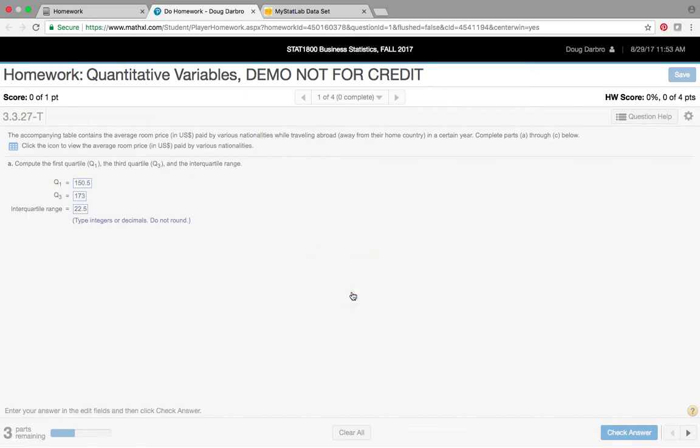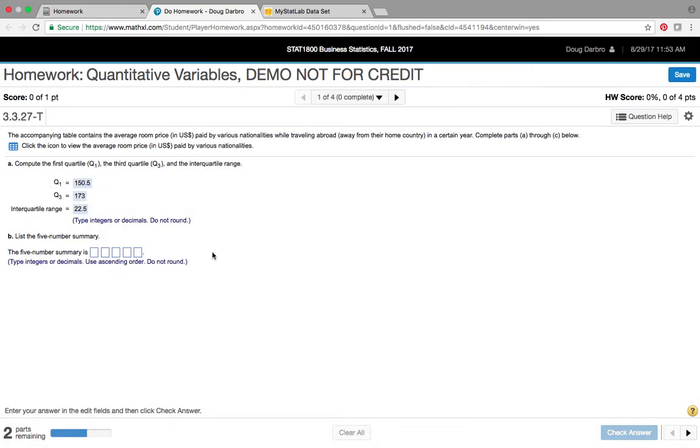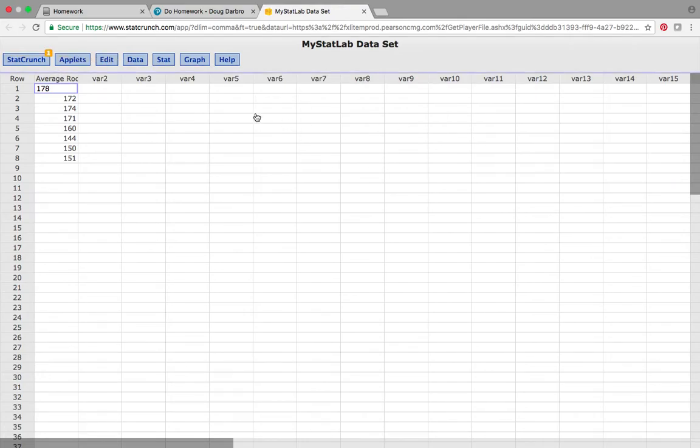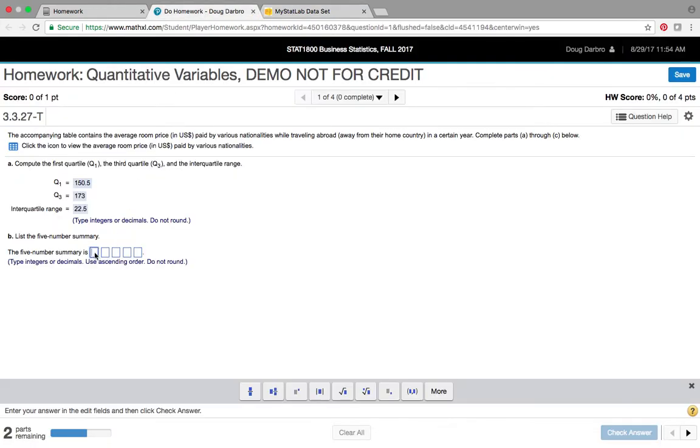It's going to be right. Cool. Now, list the 5-number summary. Well, all I need is the low and the high added to this. So if I go back to this and get the low and the high, I can see that the low is 144 and the high appears to be 178. So I can just add that to my previous.